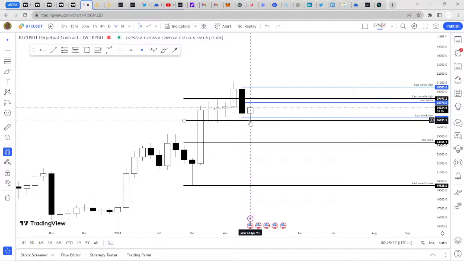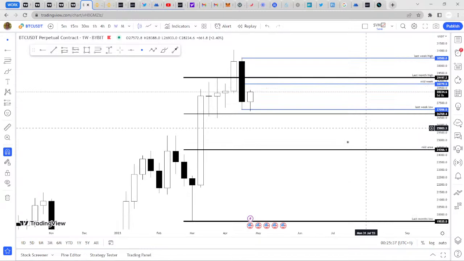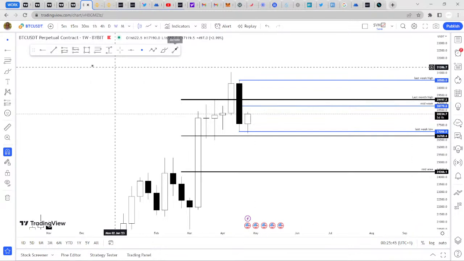It comes in confluence with last week's low, right? So anywhere around this area, if you're trading towards there, should be your profit taking area. We'll get onto that later on. And also the midweek comes in confluence with last month's high, right? So let's keep that in mind.